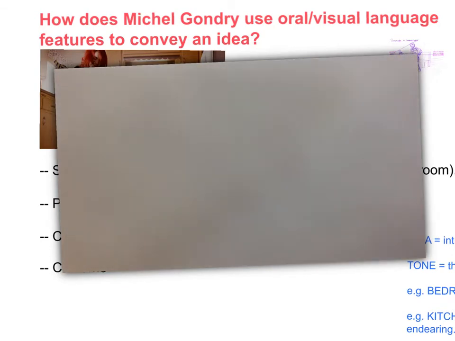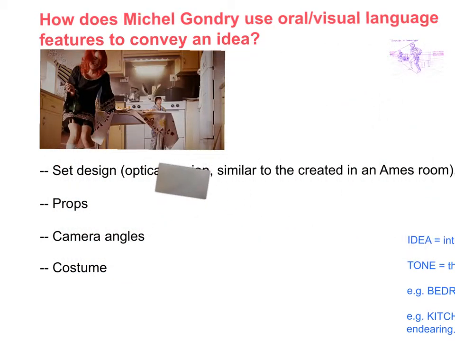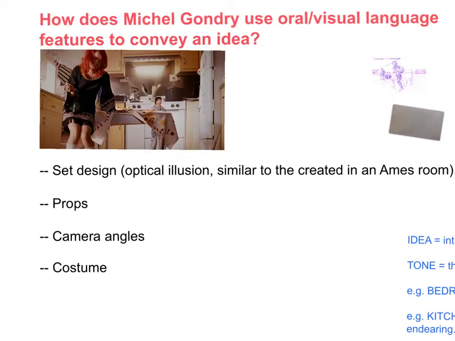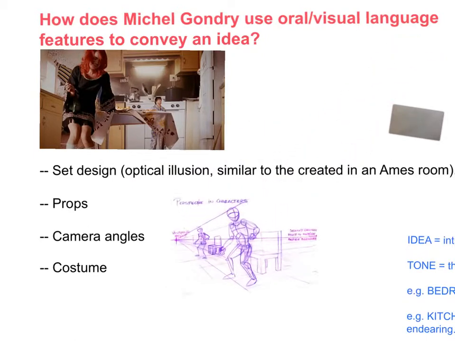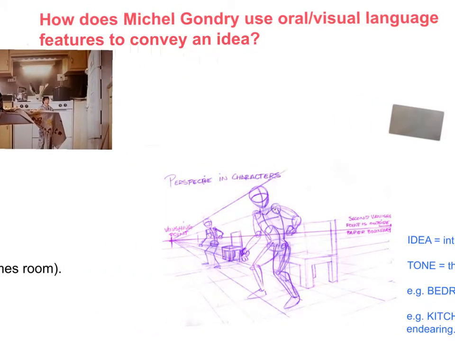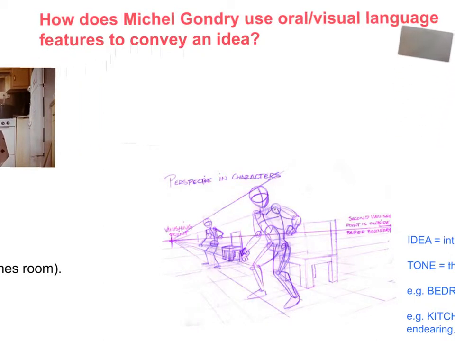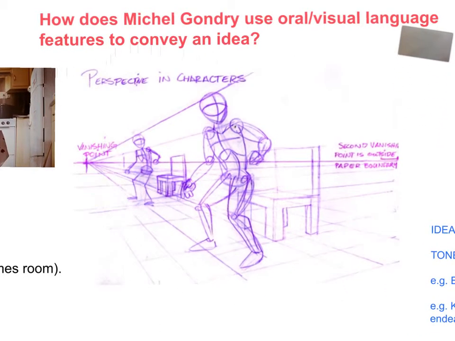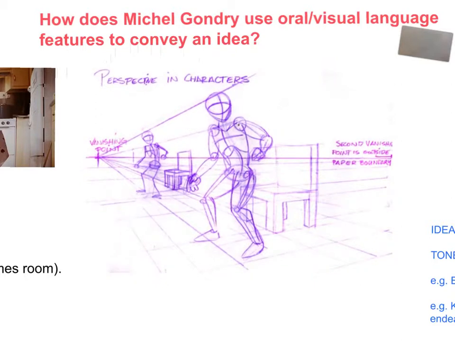So just to explain how that illusion works, when you look at things, you get depth cues, these things that tell your brain how far away things are. And one of the depth cues is lines of perspective.